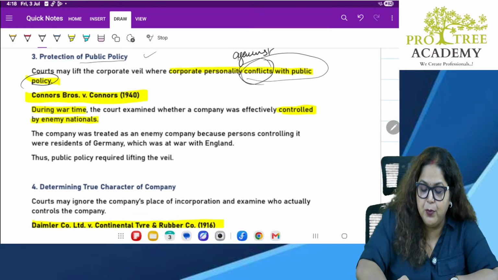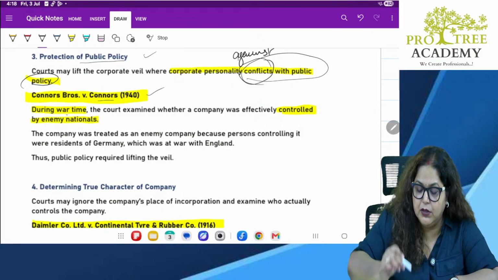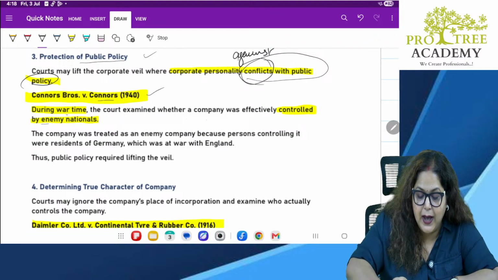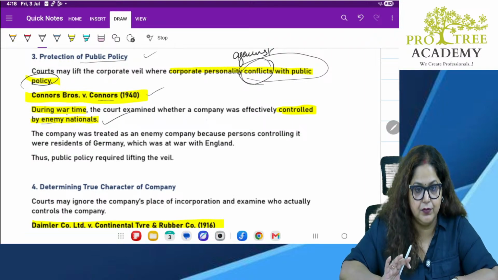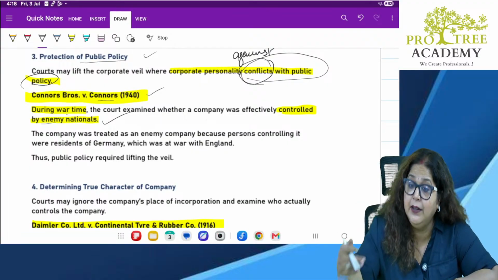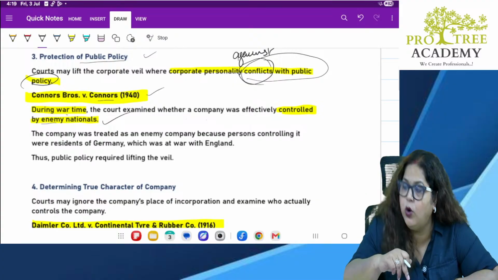So Connors Bros versus Connors, 1940. During wartime, the court examined whether a company was effectively controlled by enemy nationals. So during wartime, who was controlling? The enemy country had control of this company.